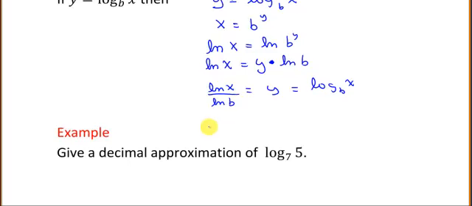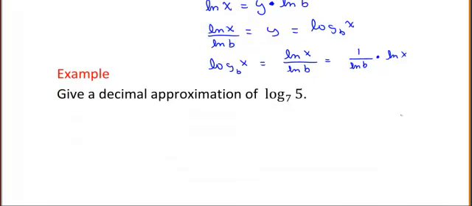So the log base b of x is equal to the natural log of x over the natural log of b. I'm going to write that as 1 over the natural log of b times the natural log of x, and you'll see why in a few minutes.